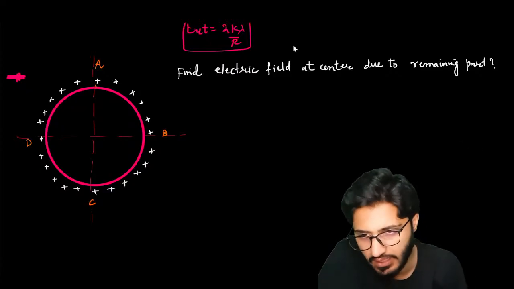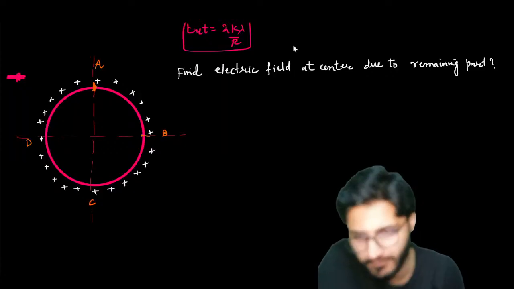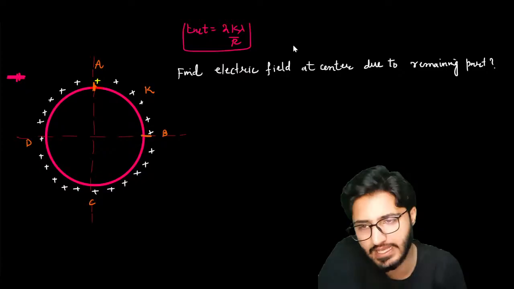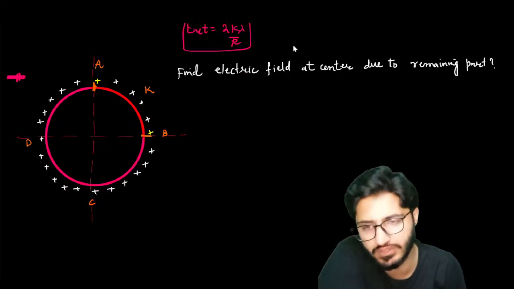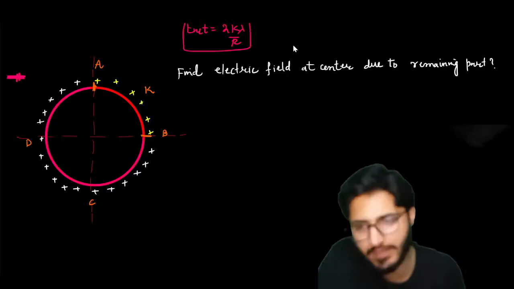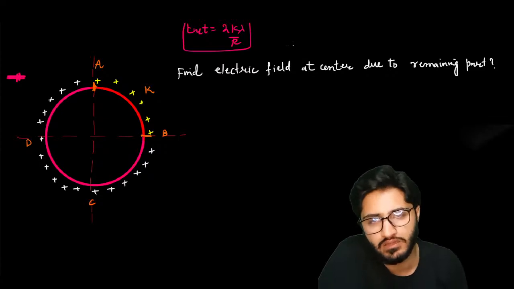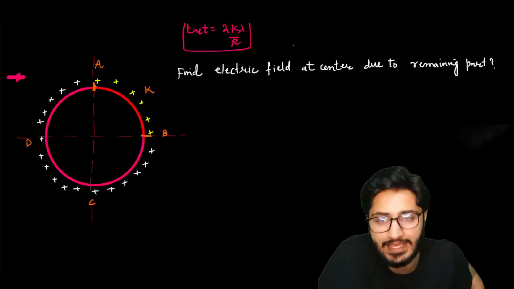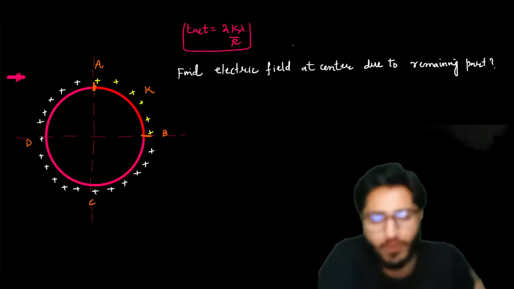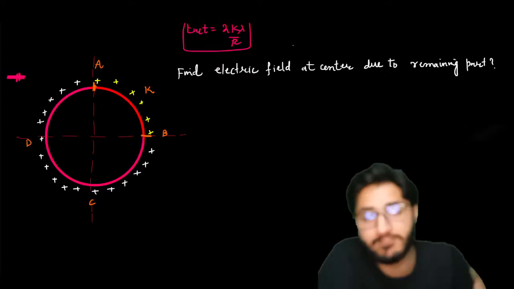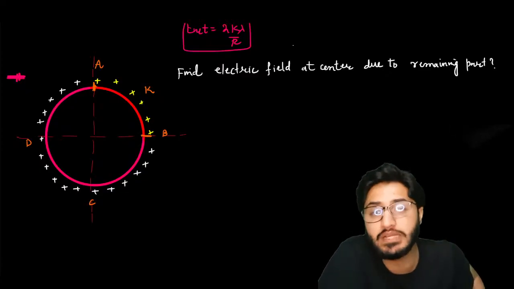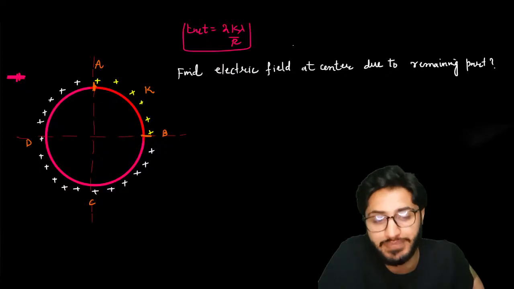Let us cut this portion, AKB. Let us cut the AKB portion. Then we have to find out what will be the net electric field at the center due to the remaining portion, that is ADCB.